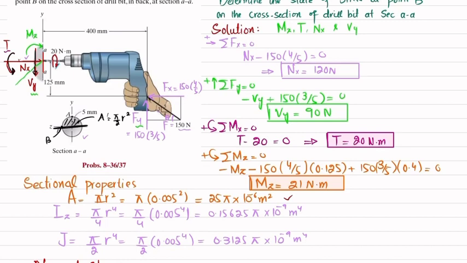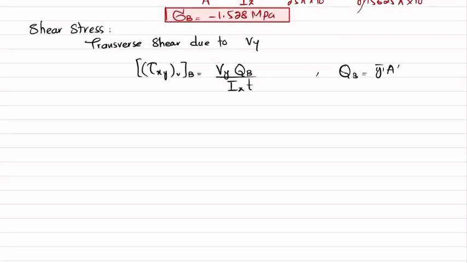Y dash will be this distance from the neutral axis. For a semicircle, this y dash bar is equal to 4 over 3 pi into r, our distance from the neutral axis, which is 5 millimeter, 0.005. When you multiply both of these, you will get QB.